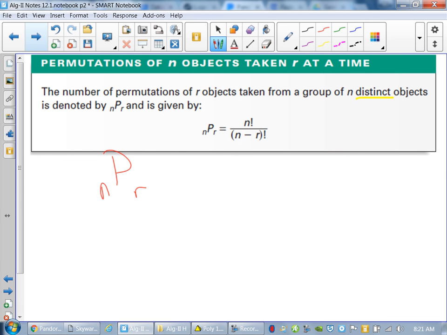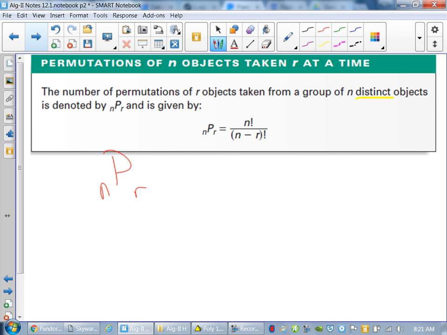You have so many objects. All right, so you have 12 skiers. How many ways can 3 of them, the first 3, go through? It's a way that we write it out: 12 pick 3, 12 permute 3.